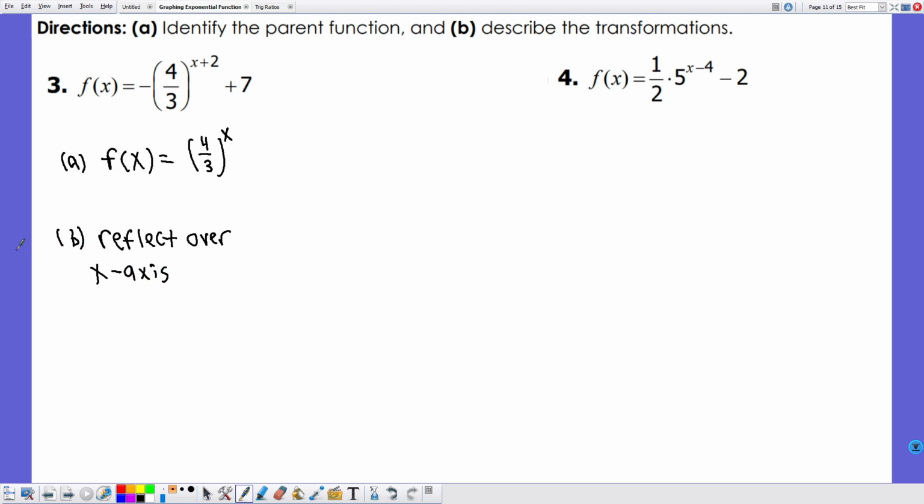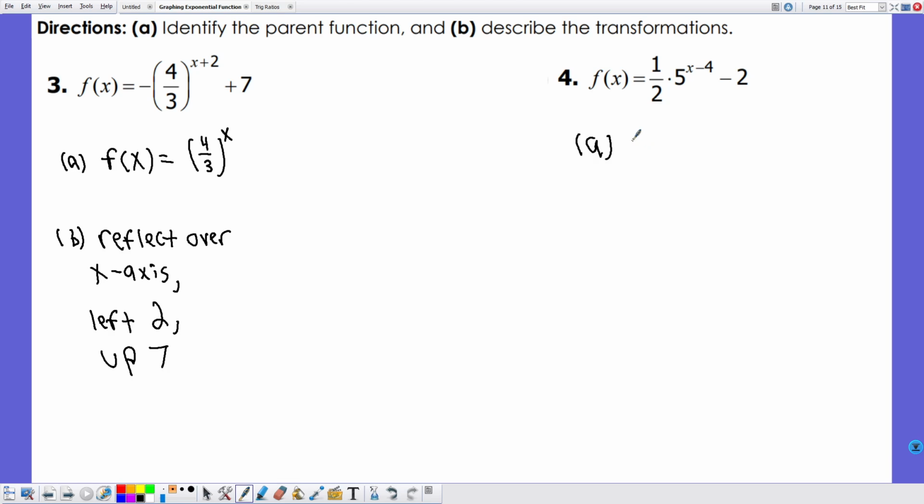We have plus 2 in our exponent, so that means we're going to go to the left 2. And we have plus 7, so we're going to go up 7. So really not that bad as long as you can keep track of everything. It's a lot like the previous function transformations.